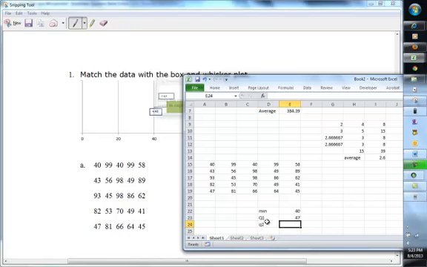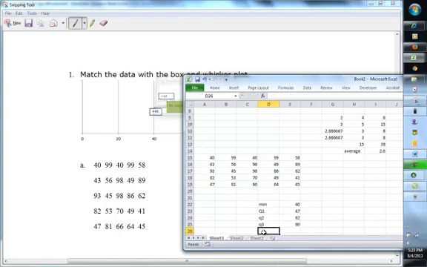Q2, so that's the equals quartile, and we want the second quartile, and then we want Q3, which is the third quartile of these numbers.